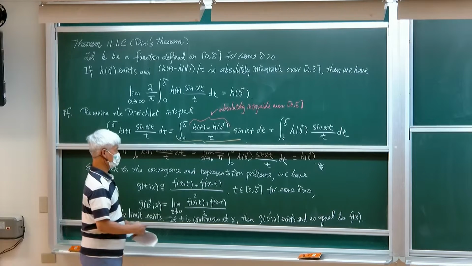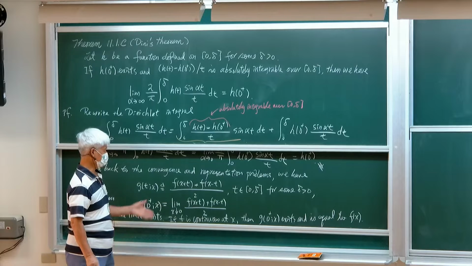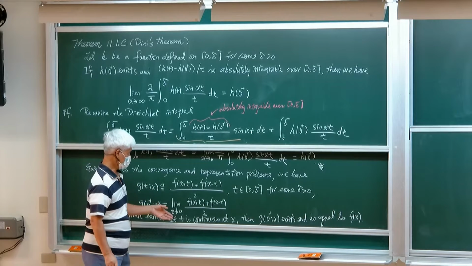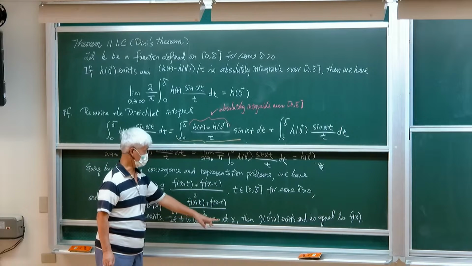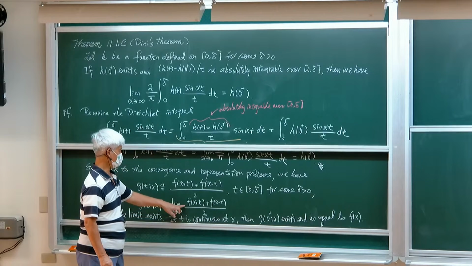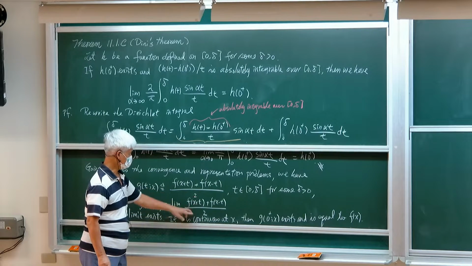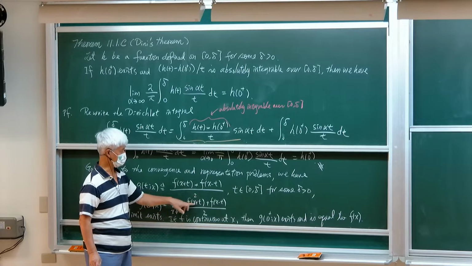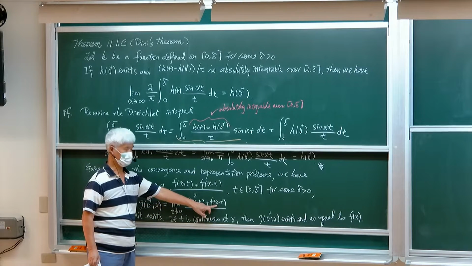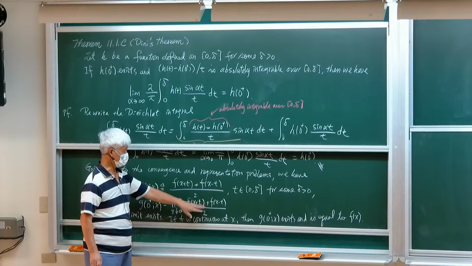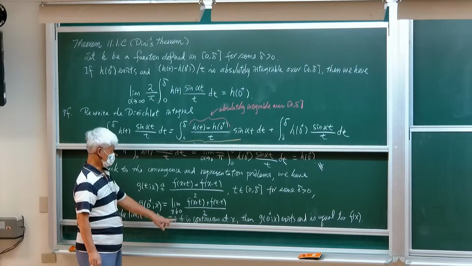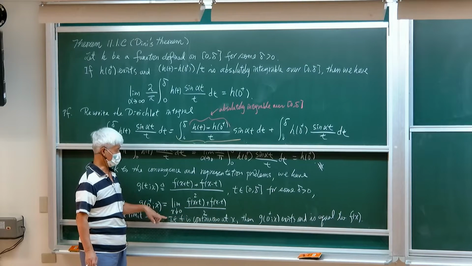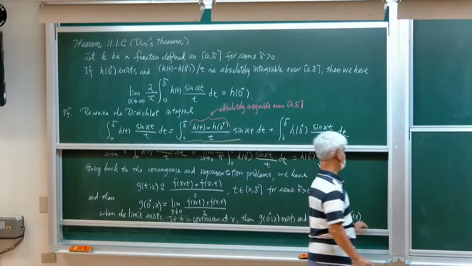Because if f is continuous, then f has a right limit at x, and also has a left limit at x. So when t goes to 0, this goes to f of x, and this one also goes to f of x, and so divided by 2 goes to f of x. So in many situations you can see that f is continuous at x. So in this case, we know this result.